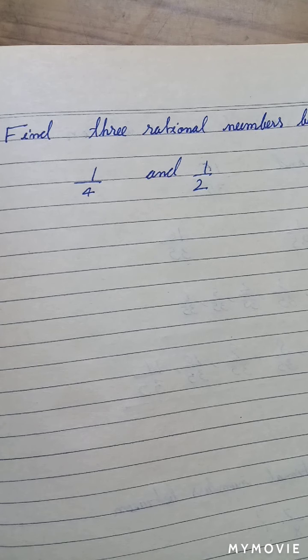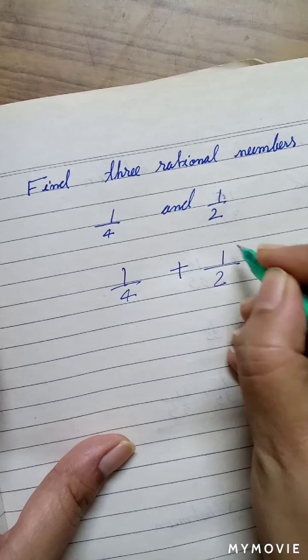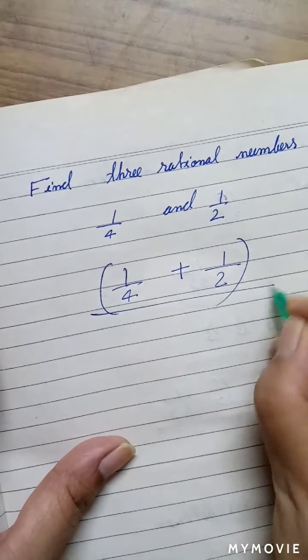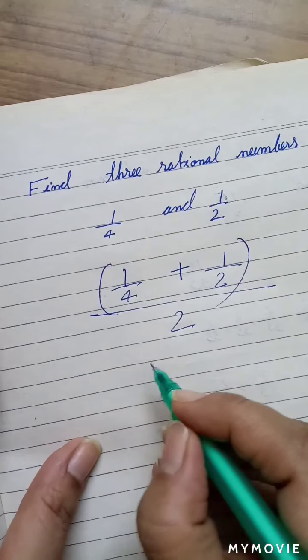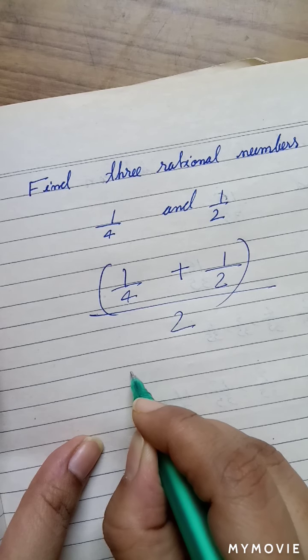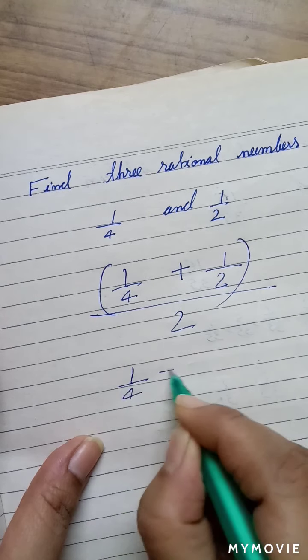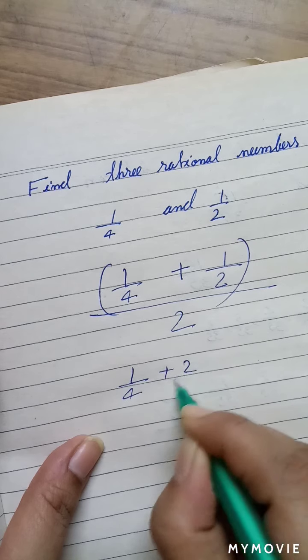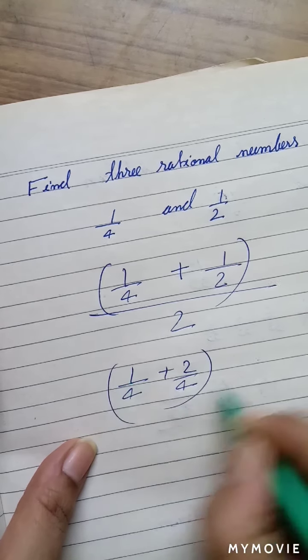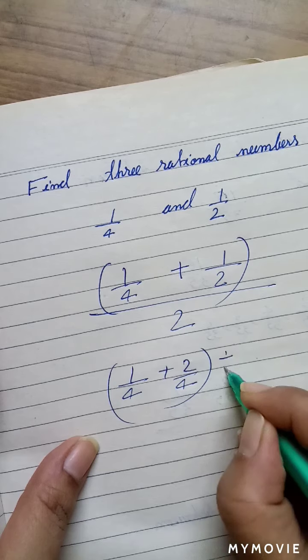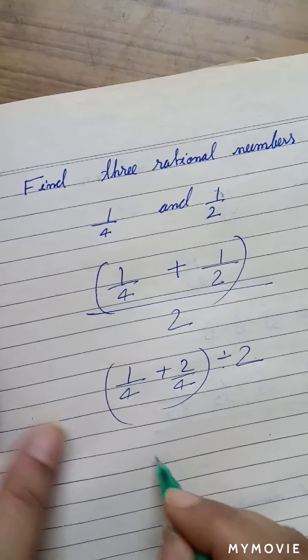We have 1 by 4 and 1 by 2. Let's add them and divide it by 2. We will have 1 by 4 plus 2 by 4, by 2.